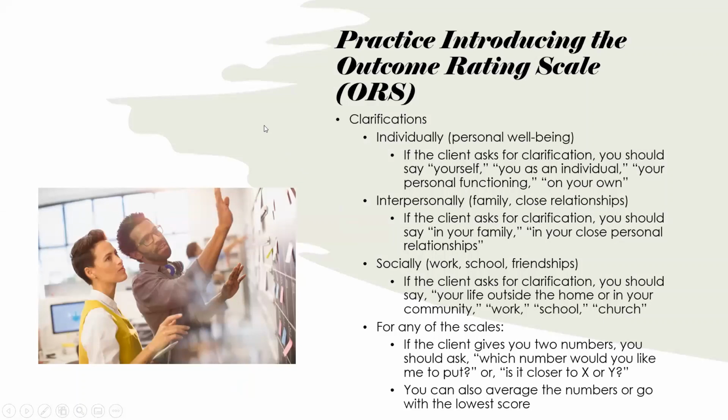So there are some clarifications on some of the dimensions here with the different life areas. Individually, if a client asks for clarification, what do you mean exactly by individually? You just say something like you yourself, you as an individual, your personal functioning, just you on your own. Interpersonally, if they ask, what do you mean exactly by that?